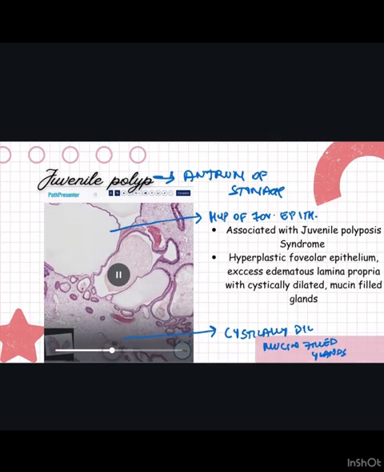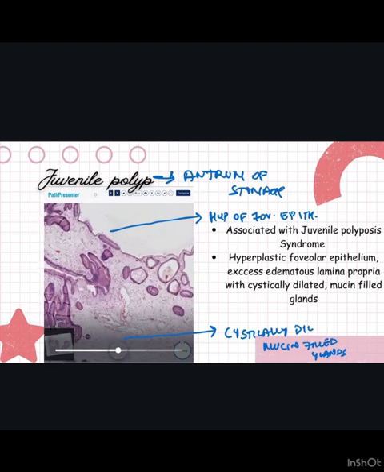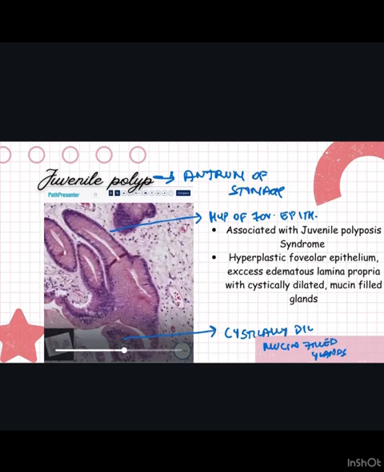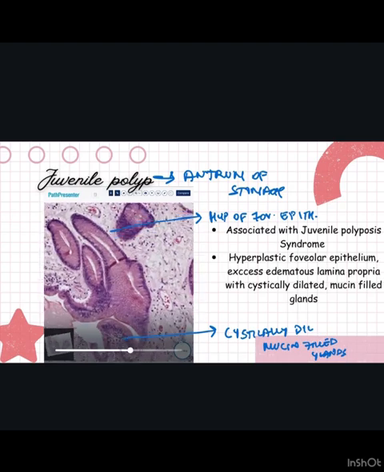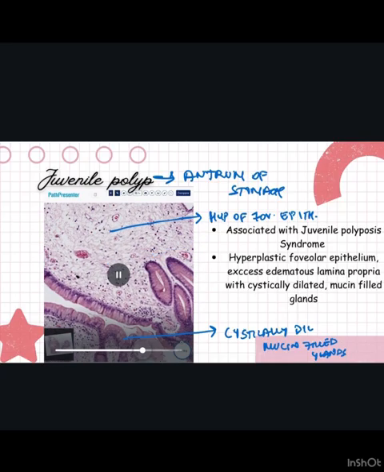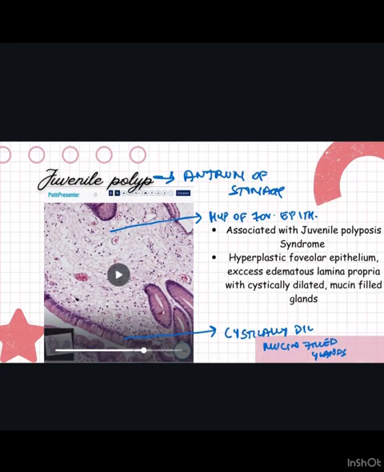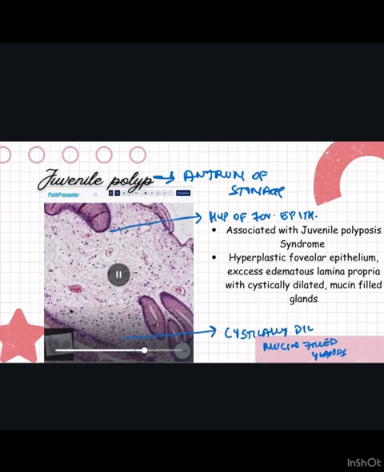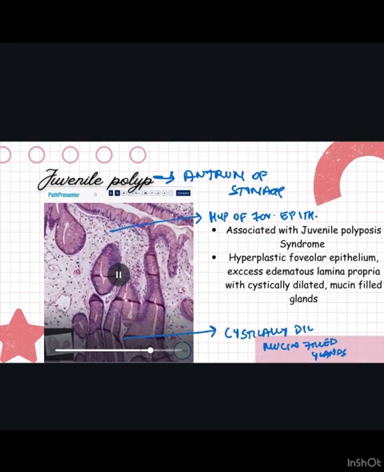As you go further into the higher power, you can also see that there is a lot of inflammation in the stroma. So over here also you can see the hyperplastic epithelium, and over here you can see the inflamed stroma.